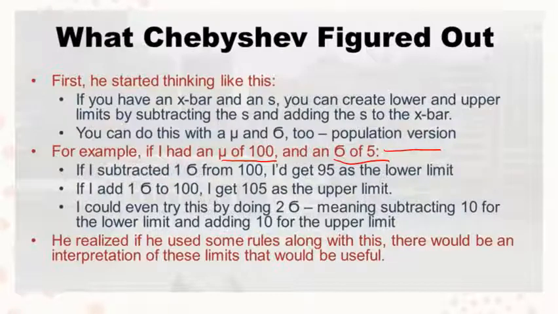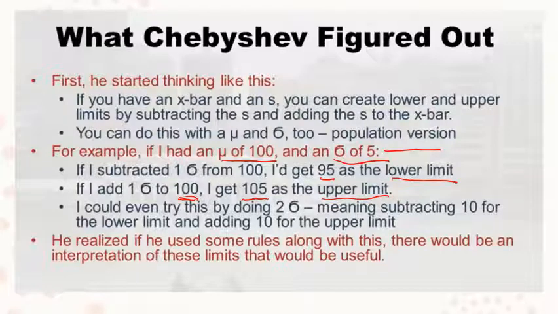If we subtract one standard deviation, which is 5, from 100, we get 95, because 100 minus 5 is 95, and we can use that as the lower limit. Then we can add one standard deviation to 100, which would be 100 plus 5, and you would get 105. We can use that as an upper limit.